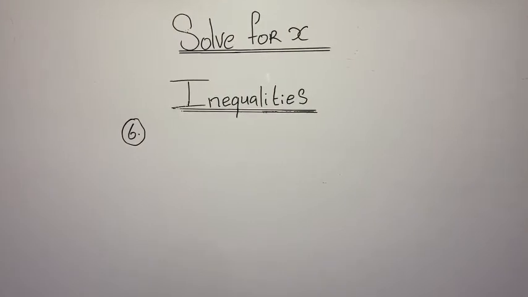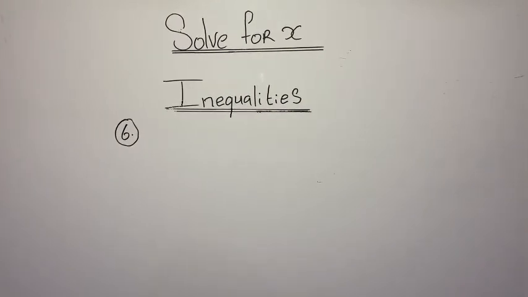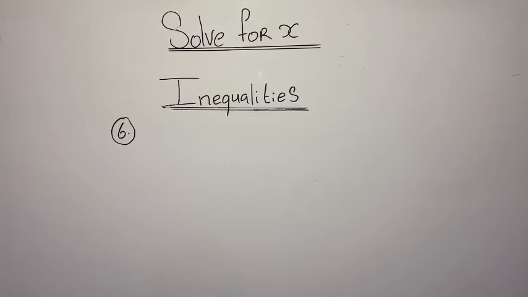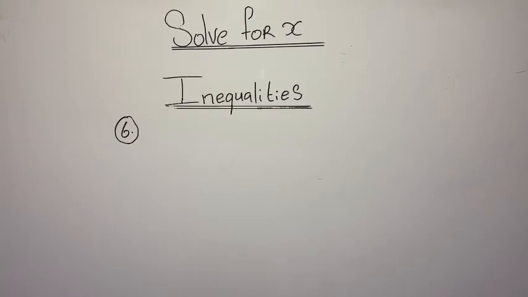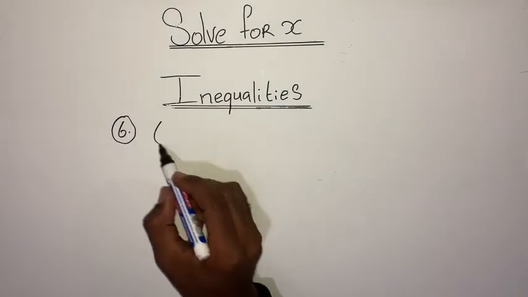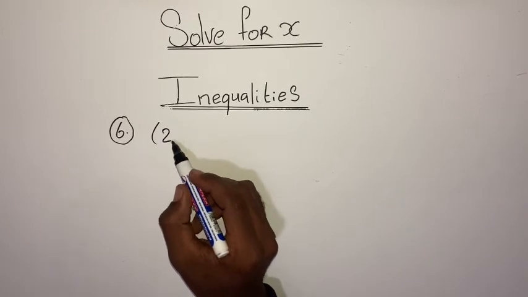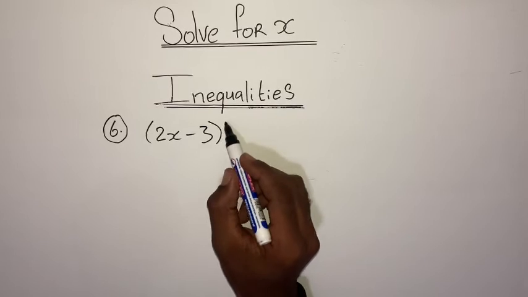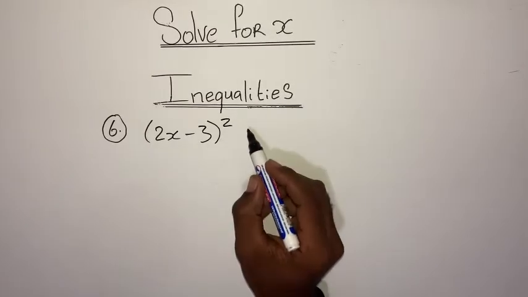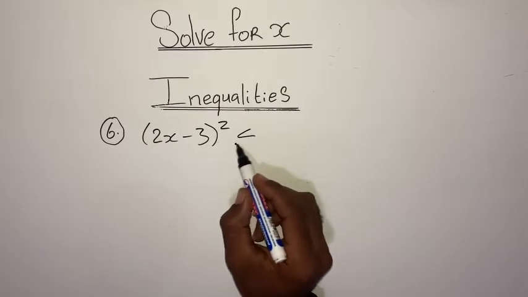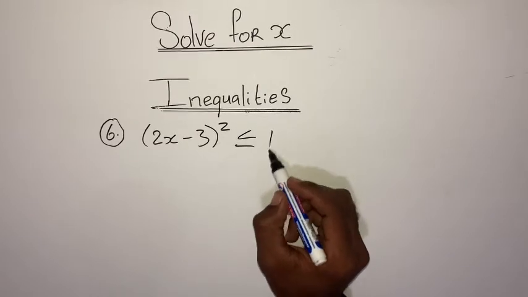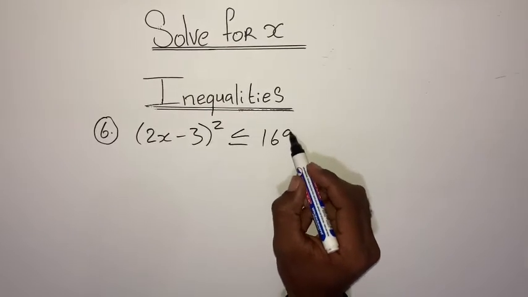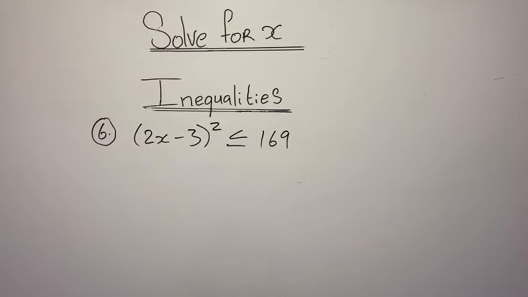We are still on inequalities. So we'll just go on to solve the next sum. That sum will be (2x minus 3) to the power 2, less or equal to 169.